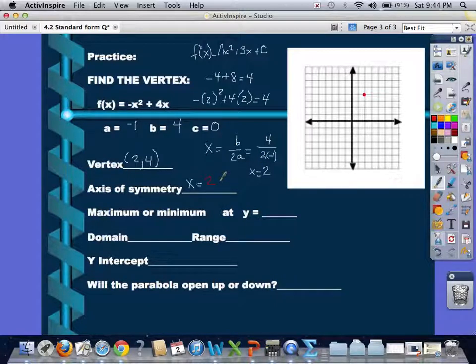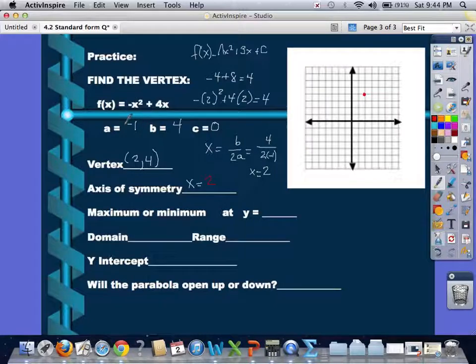Okay? Now, how to tell if it's a maximum or a minimum? Remember, if it is positive, it's going to be a minimum because it's going to be a happy, smiley parabola. And if it is a negative, it's reflected. Remember from our transformations, it's reflected and that's upside down.